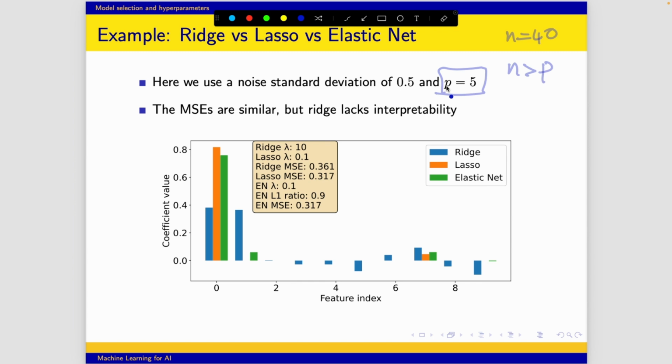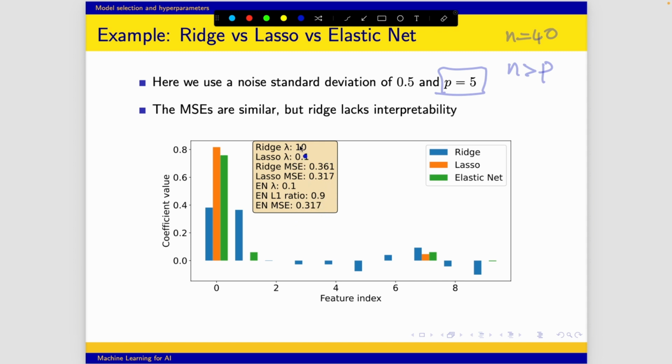So here we don't have that problem of identifiability, right? But we still have the collinearity of x2 and x1. Now here the mean square errors are similar between Ridge, Lasso, and Elastic Net. There's almost no difference between them.